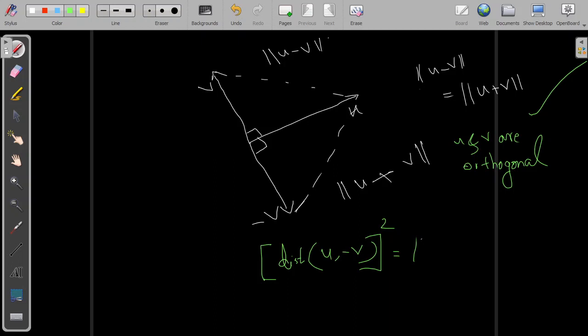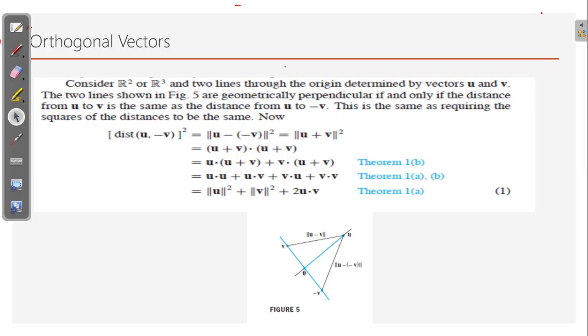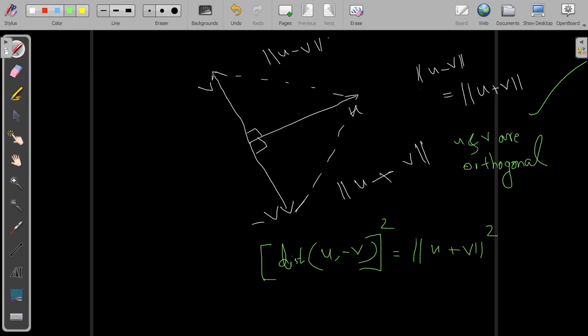So the distance between u and minus v squared means norm u plus v whole square. So now what is norm u plus v whole square?